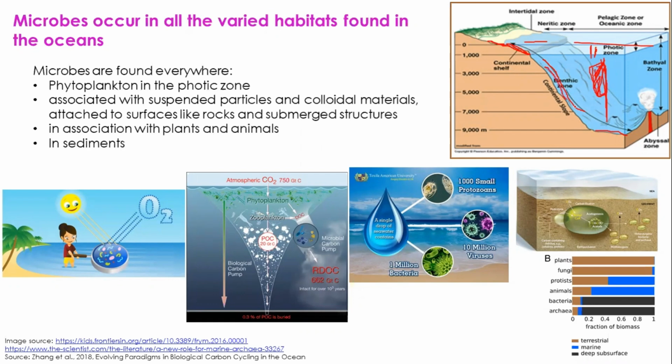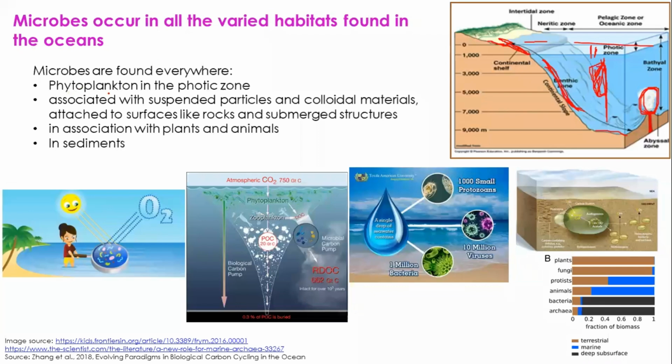Then in the continental slope and the continental shelf, you have a different set of microbes performing the nutrient cycling in the sediments, right? Then you have a whole set of bacteria or microbes specialized in the hydrothermal vents, and of course in the intertidal area, right? So you can see that microbes are present in all the environments in different areas.